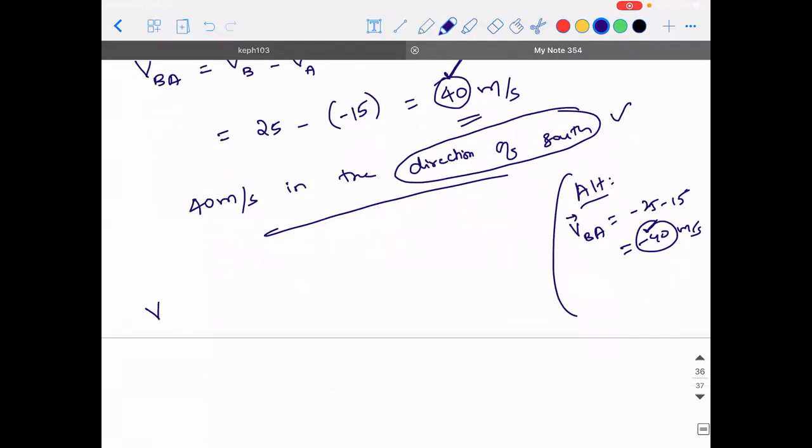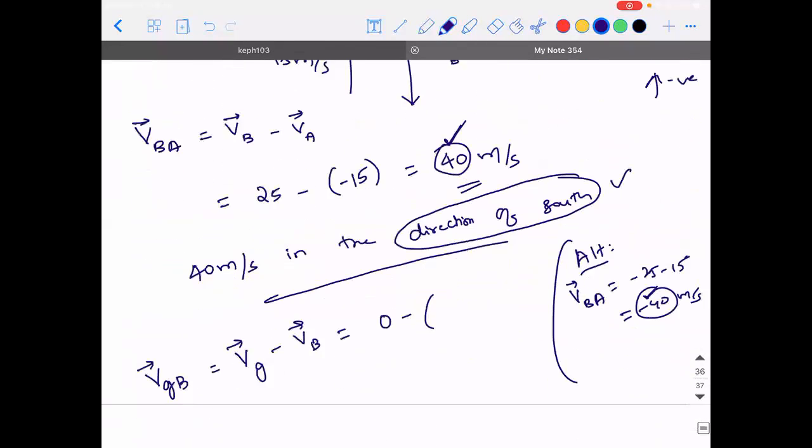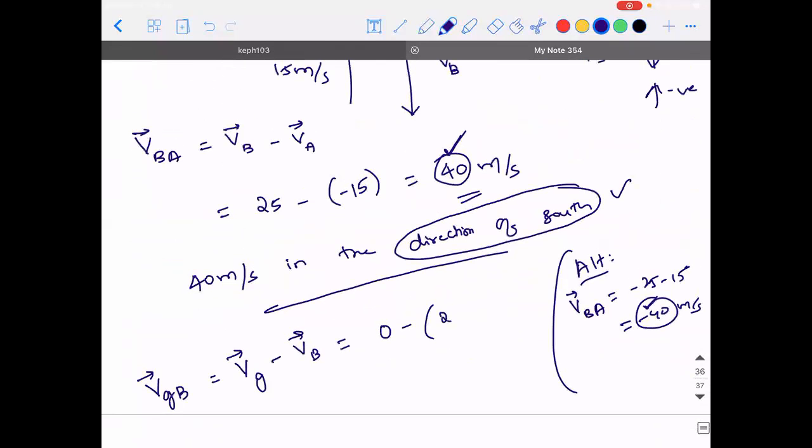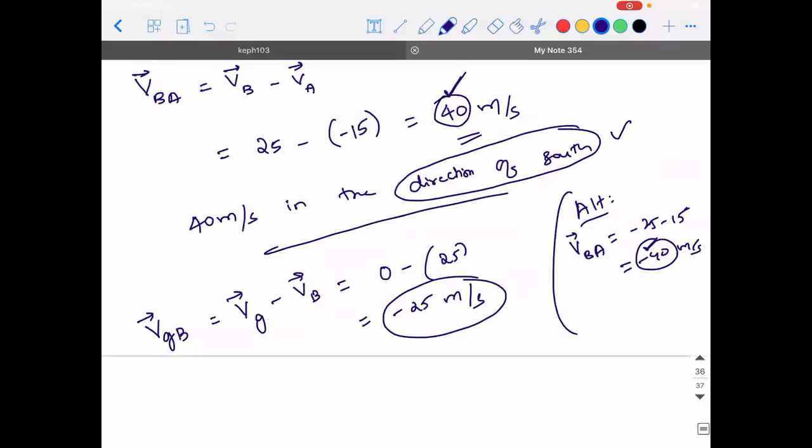So velocity of ground with respect to B is velocity of ground minus velocity of B. So 0 minus 25. So it will be minus 25 meter per second.